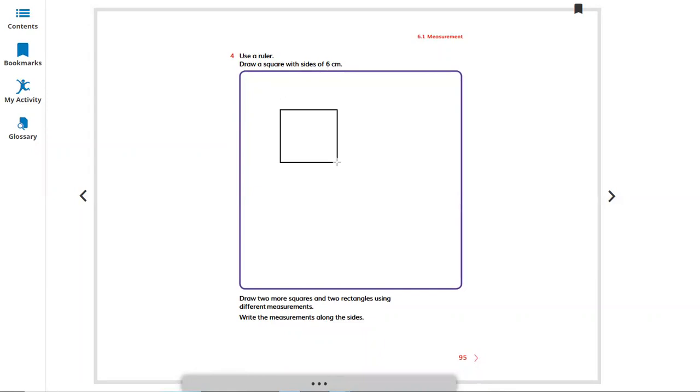You need to use your ruler, and then you can make an accurate square, 6 centimeters on all sides. And draw two more squares and two rectangles. Now, obviously, there is no place here, so you can use your notebook, and you should mention roughly how many centimeters the sides are.